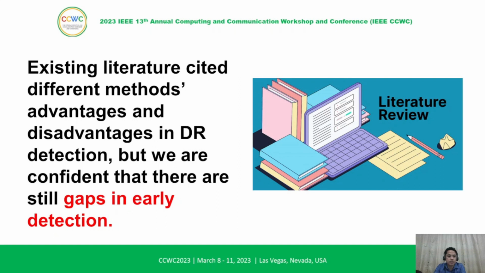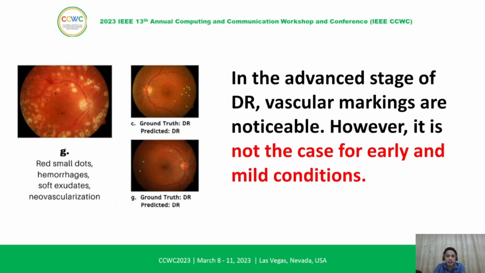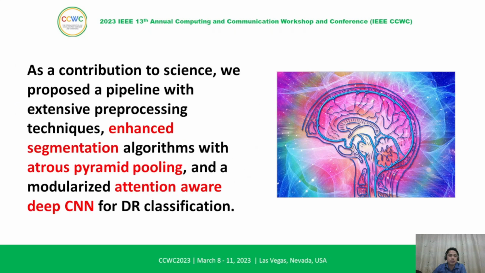Existing literature cites that there are different methods, advantages, and also disadvantages in diabetic retinopathy detection. But we are confident that there are still gaps in terms of its early detection. In the advanced stage of diabetic retinopathy, vascular markings are noticeable. However, it is not the case for early and mild conditions.